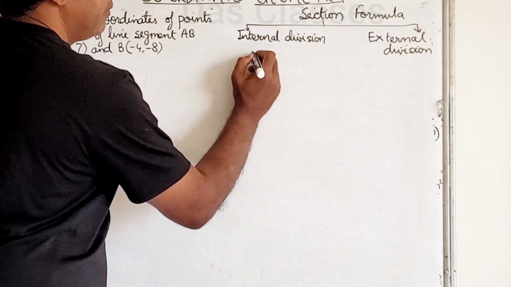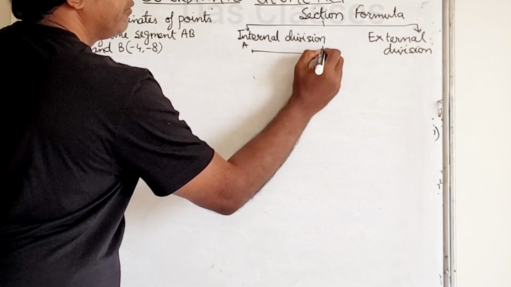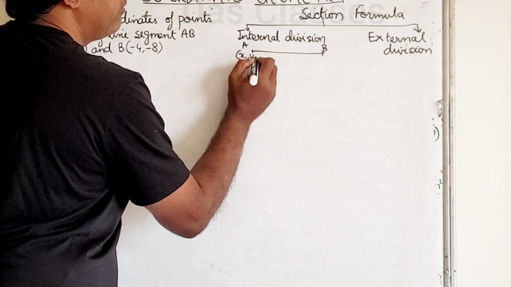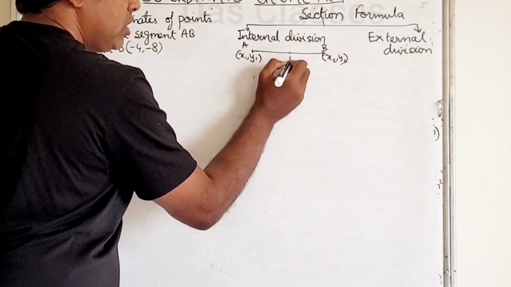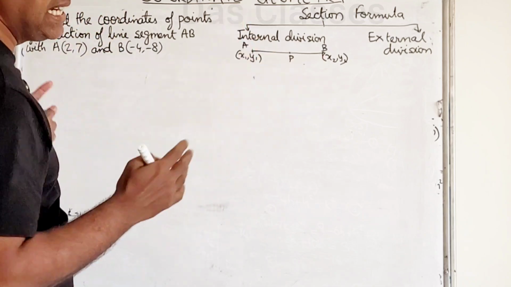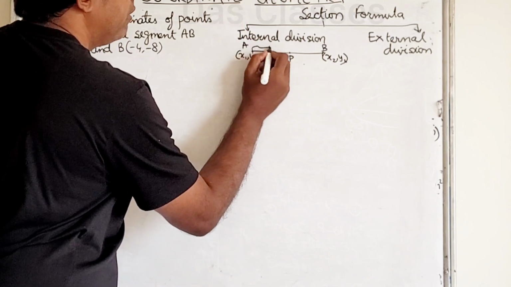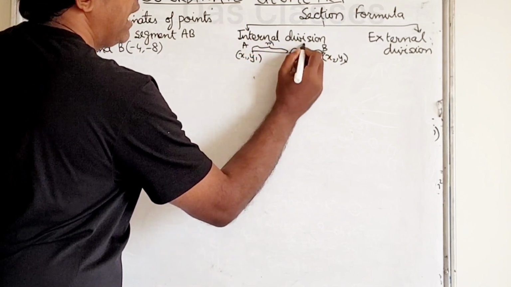Internal division means there is a segment, say AB, with coordinates x1, y1, x2, y2, and there's this point P which divides segment AB internally, meaning it's inside that segment AB, in the ratio of m is to n.